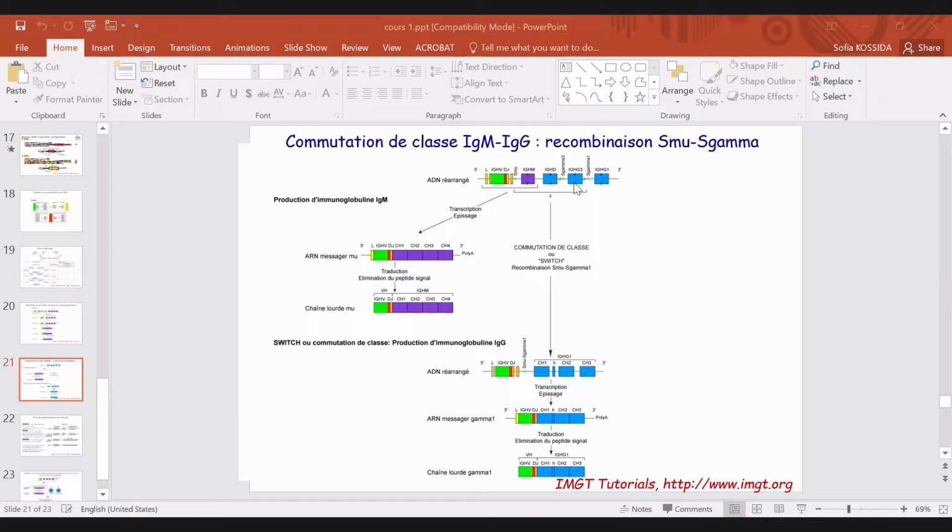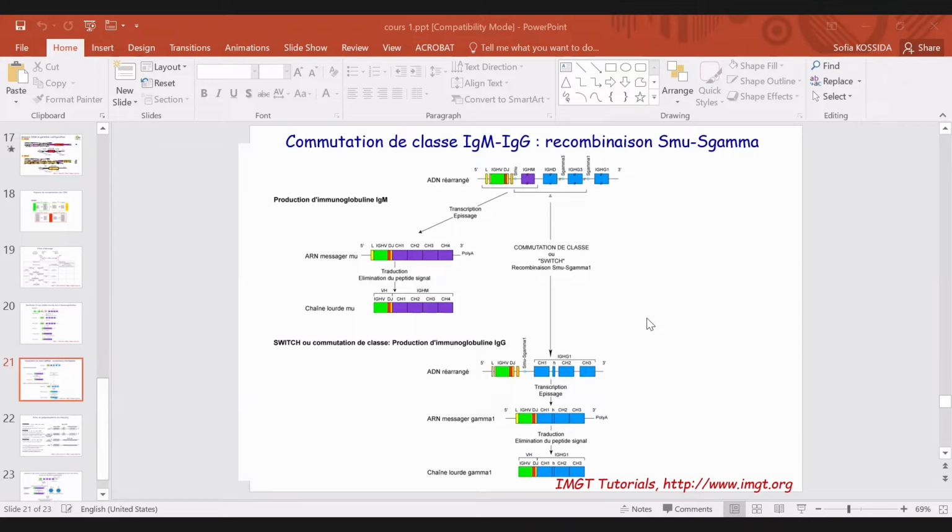Because remember, for the immunoglobulin heavy chains, the isotype G has more than one subclass, okay? So in this slide there is the S mu S gamma 1 recombination, and the IGHG1 chain is being generated. Is this clear?